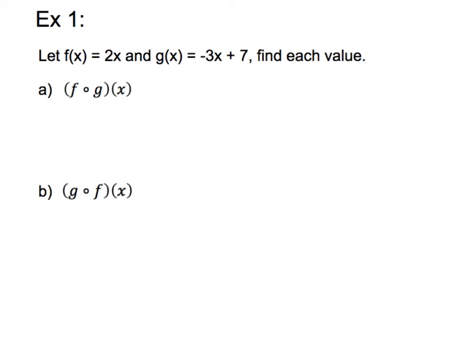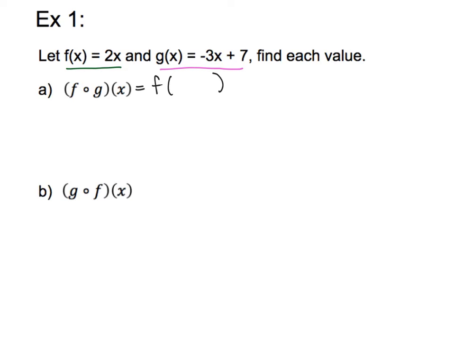So in example 1 here, you will notice that I give you f, let me highlight that as green, and then g. And you have to figure out what is f of g. When we read f of g, just like how you read in plain English, you read from left to right, and the furthest thing to the left is always your outer function. So when I see f of g, I know that f is the furthest function out.